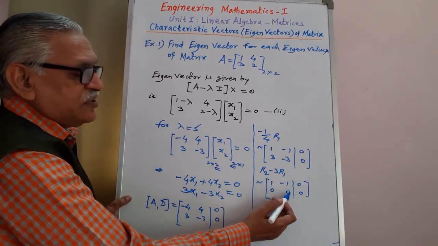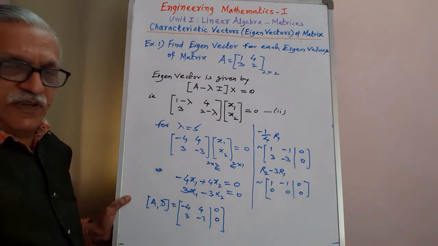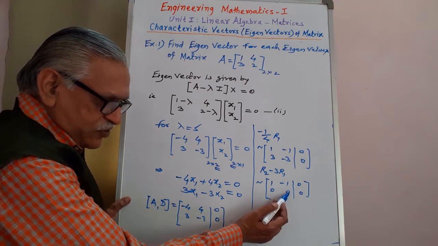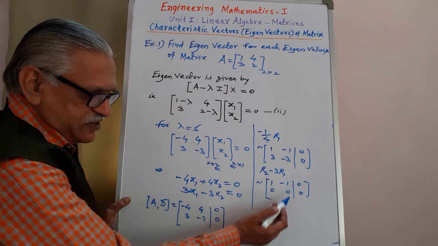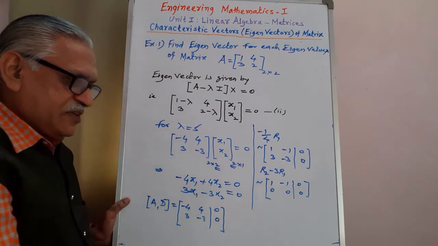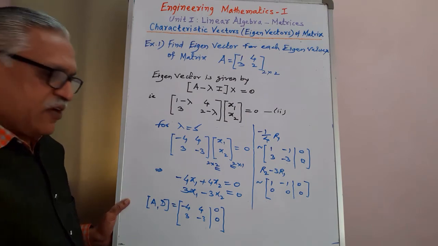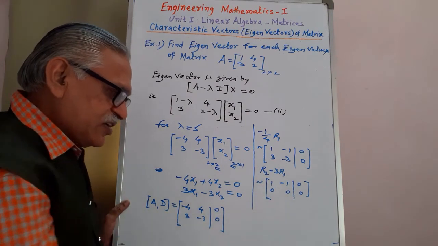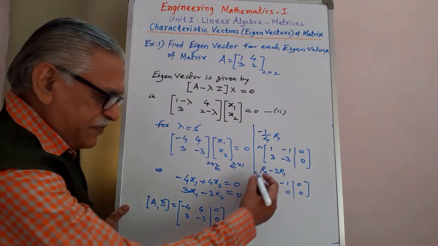And in the process, the second diagonal becomes 0, and it is not possible to convert this to non-zero. Here we stop. We call it the canonical form, and after getting the canonical form, we write down the new system of equations.